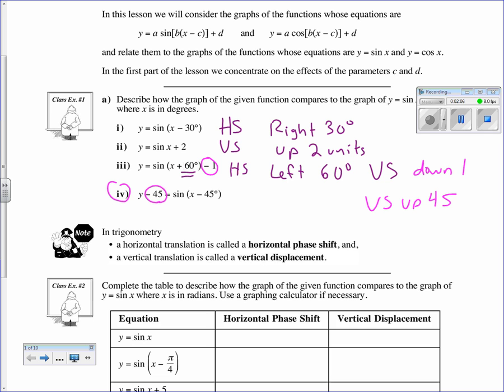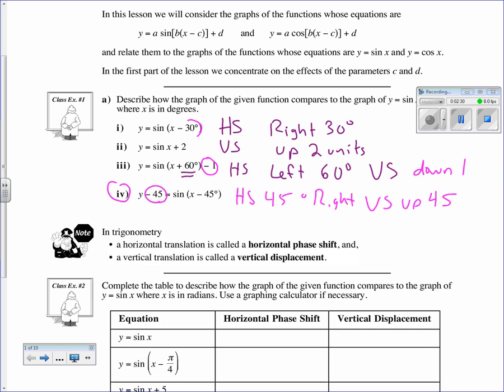And I also have a horizontal shift that is 45. Which way? Yeah. So the negative makes it go right. We can predict that because of our experience with chapter 1 and chapter 2 from this year.